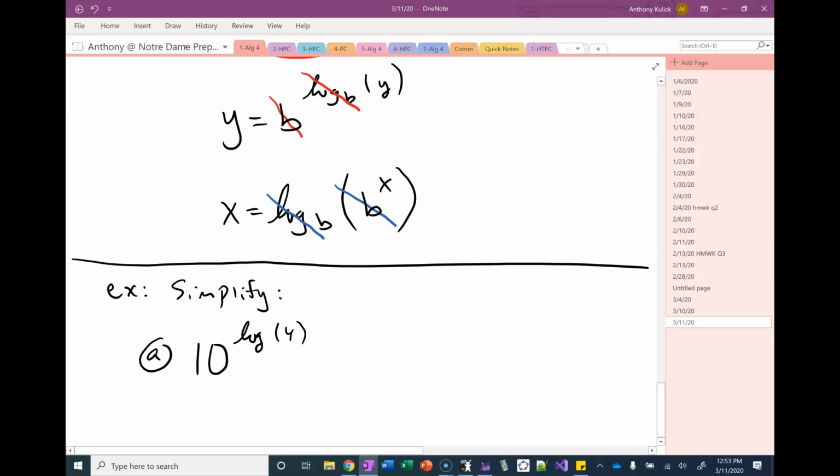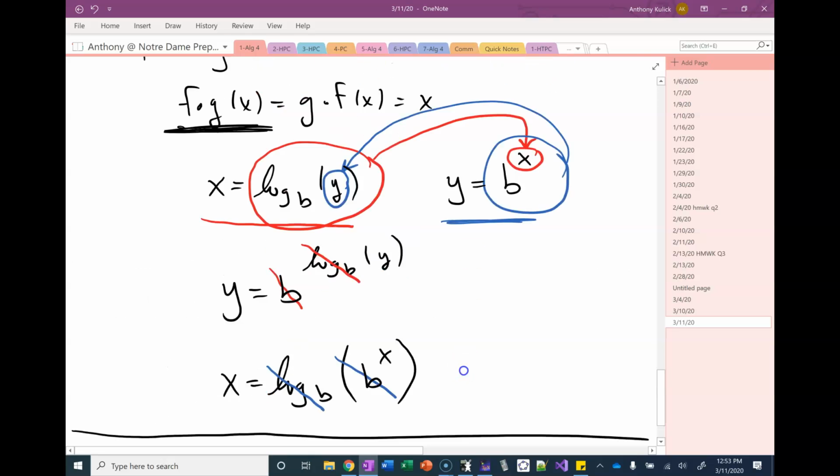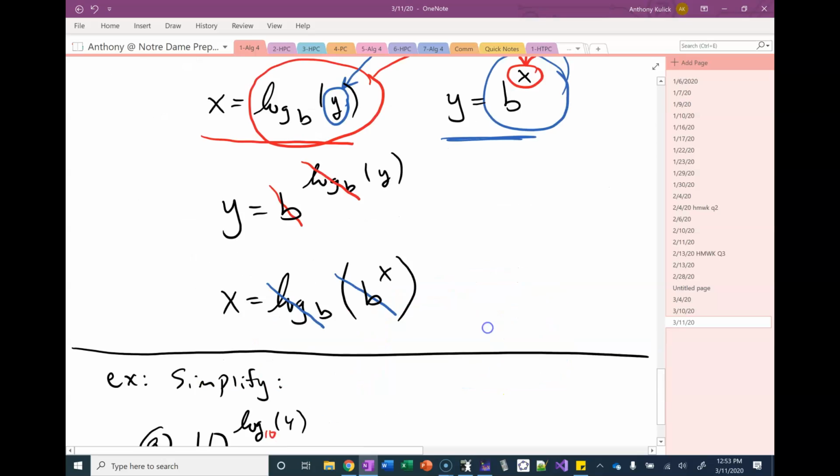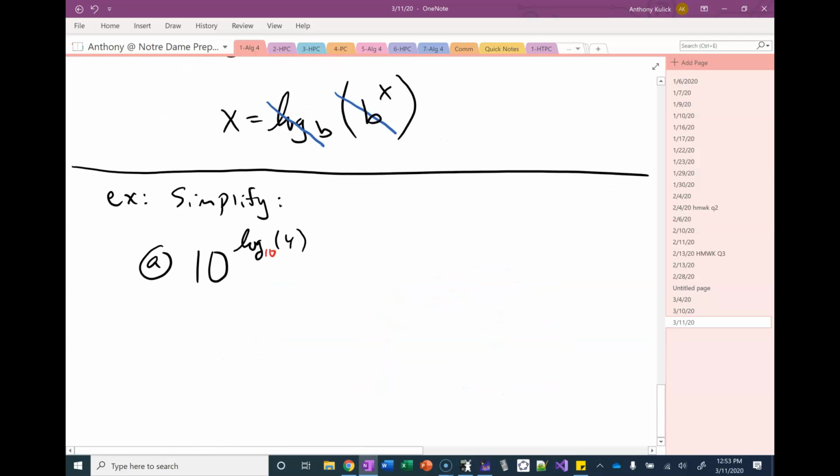Remind me again, when we write log of 4 like that, what's the base for the logarithm? Notice there's no subscript here on my logarithm. Yeah, 10 is the answer. Remember back we defined the common logarithm. We said log base 10, we're just going to write log with no base written there. Okay?